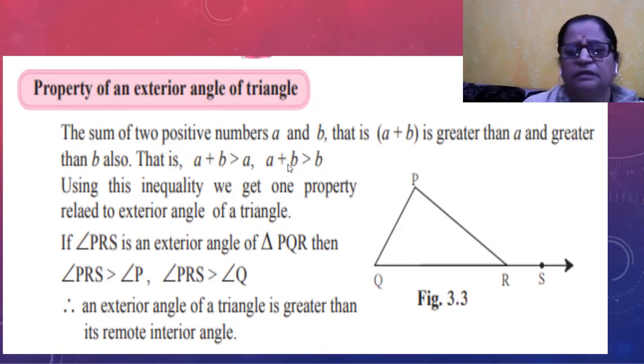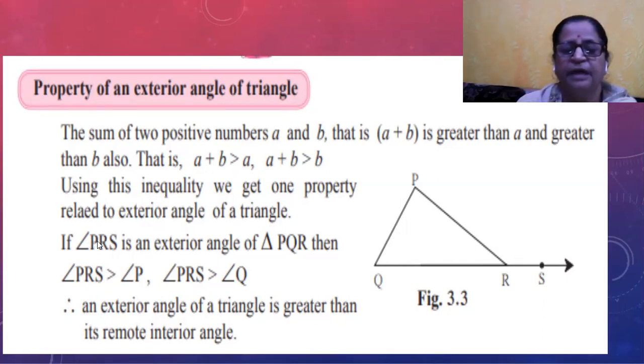You see here, when we take these two separately, then also when the two are added, the sum is greater than each other. Therefore, using this inequality, we get one property related to the exterior angle of a triangle.